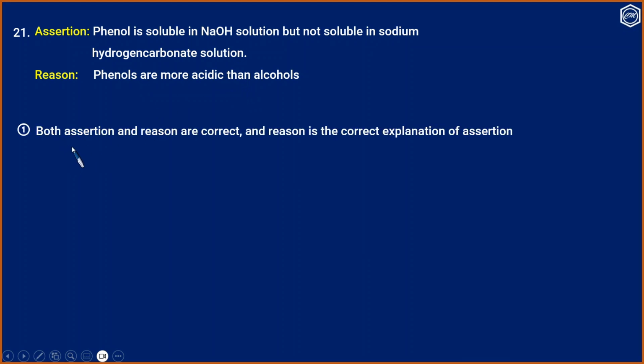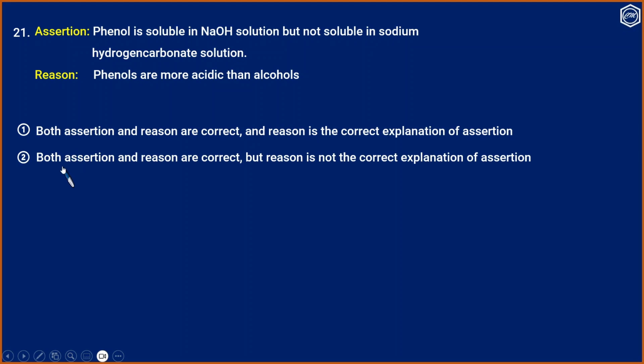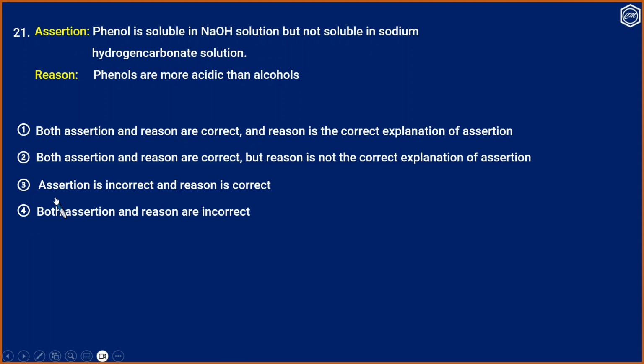Option 1, both assertion and reason are correct, and reason is the correct explanation of assertion. Option 2, both are correct, but reason is not the correct explanation of assertion. Option 3, assertion is incorrect and reason is correct. Option 4, both assertion and reason are incorrect.